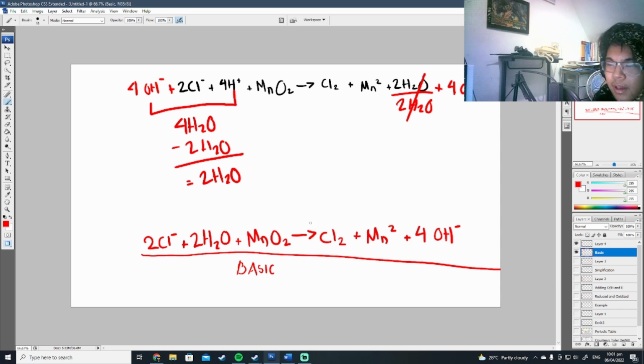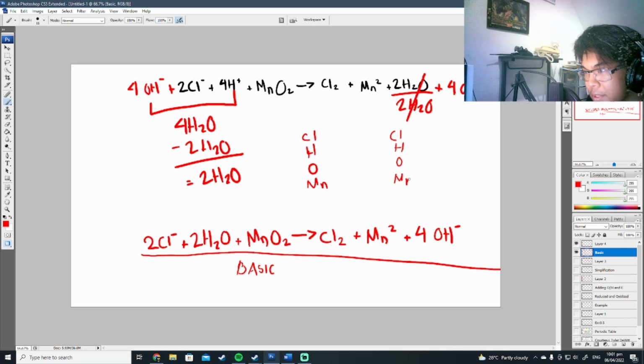There's also a check for the basic solution, by the way. So we have Cl, hydrogen, oxygen, manganese. I'm just going to put it here since we have no more space. Cl on this side, 2, because you have 2 here.